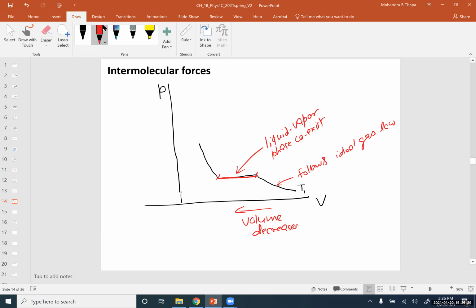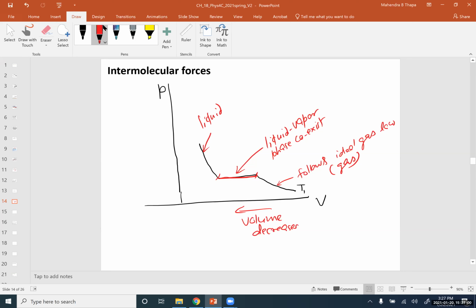This region is for the gas, and after that, a small decrease in volume will produce a big change in pressure. So this region represents the liquid. This is not a gas. We cannot use the gas law over here.